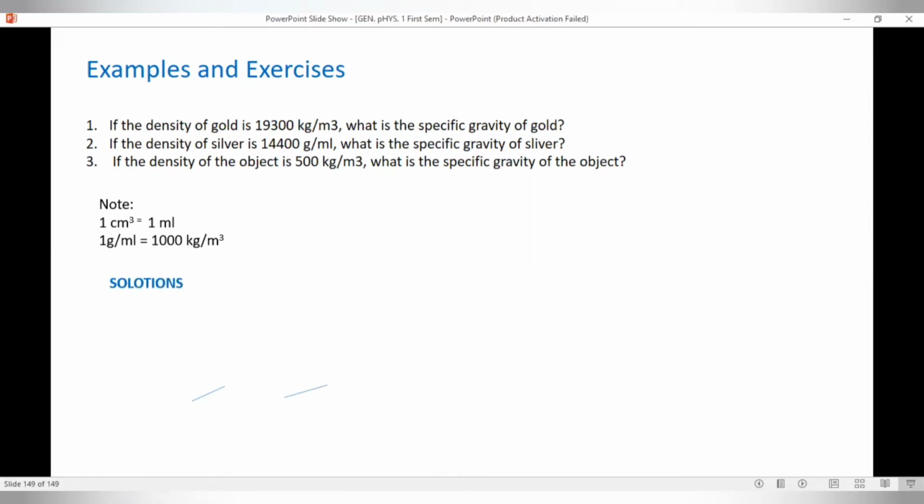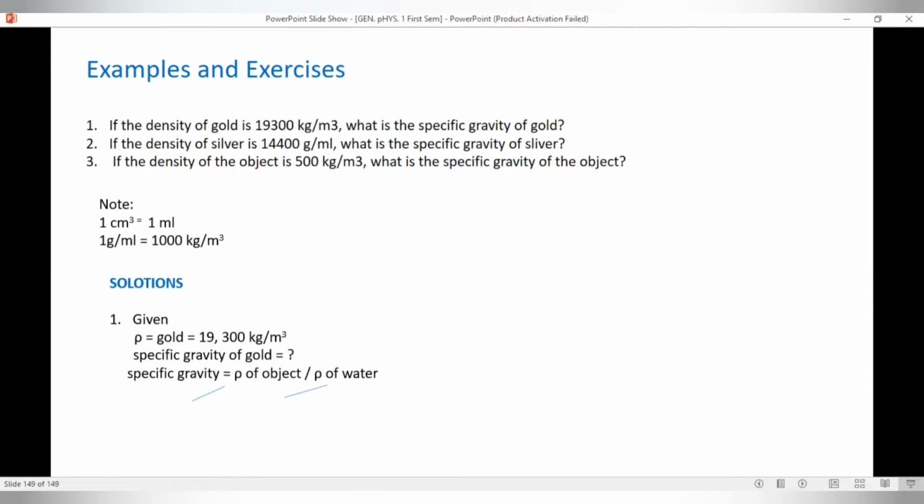Okay? For number 1 solution, our given: the density of gold is 19,300 kilograms per cubic meter, as stated in the problem. You are asked to determine the specific gravity of gold.